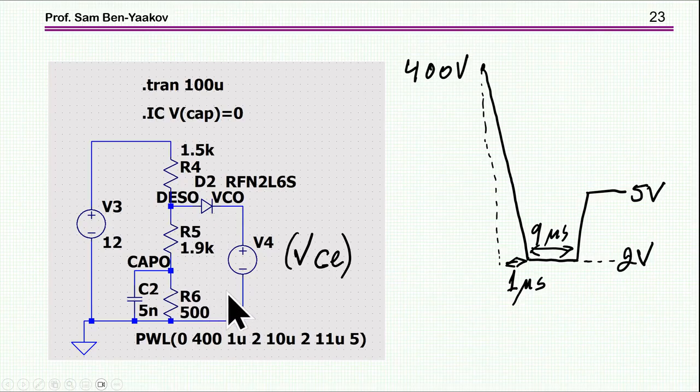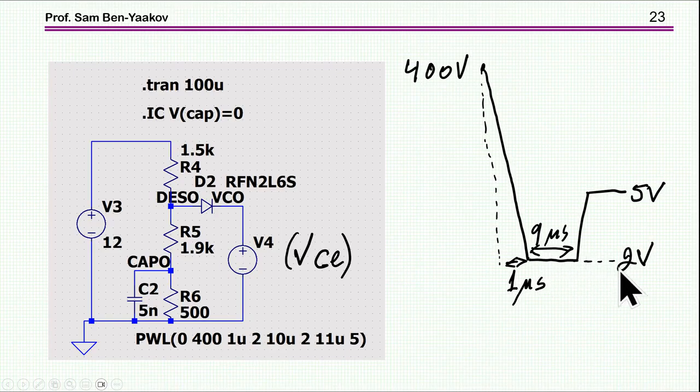And then I can emulate the behavior of the collector voltage by a dependent current source. This is a piecewise linear source that is programmed to start with 400 volts, the voltage on the transistor at the beginning, then to drop to whatever level. Well, 2 volt I'm assuming is okay, and 3 volt is already overcurrent, okay?